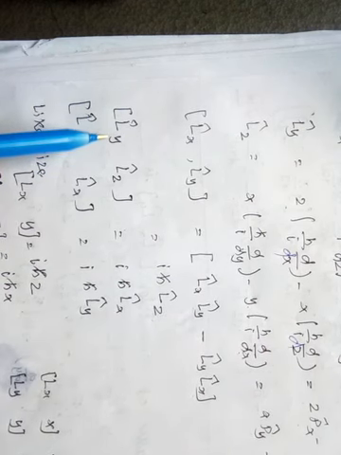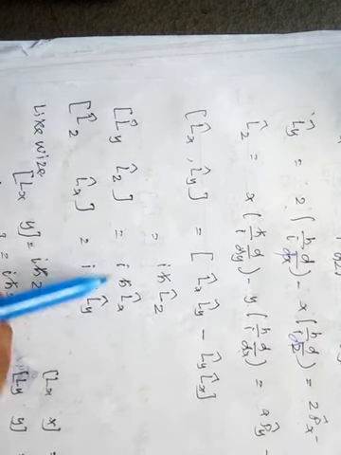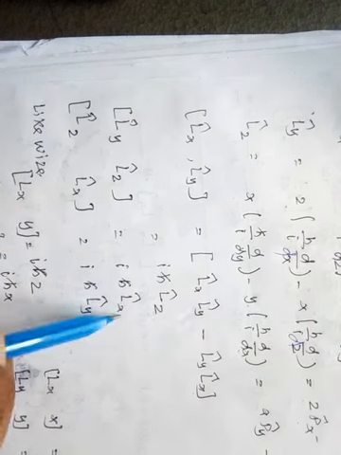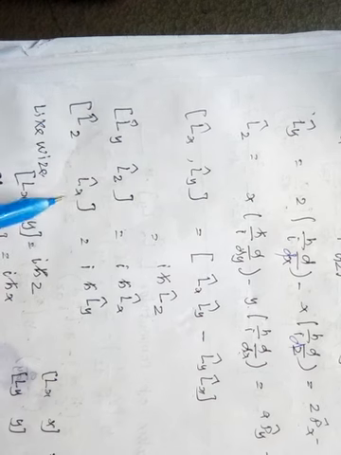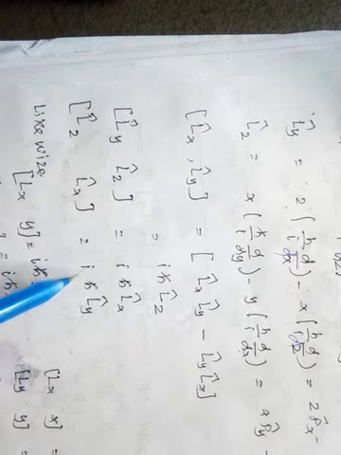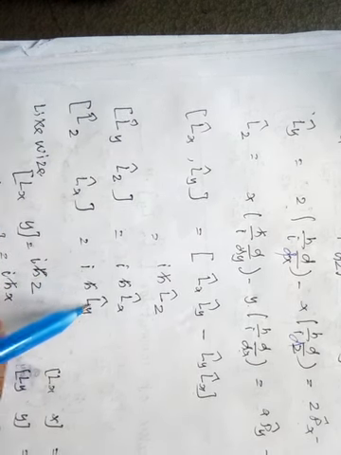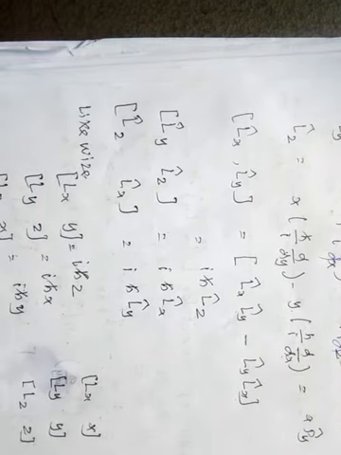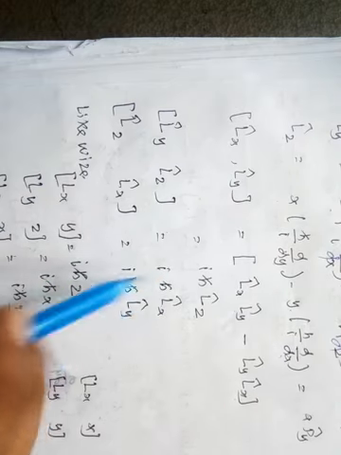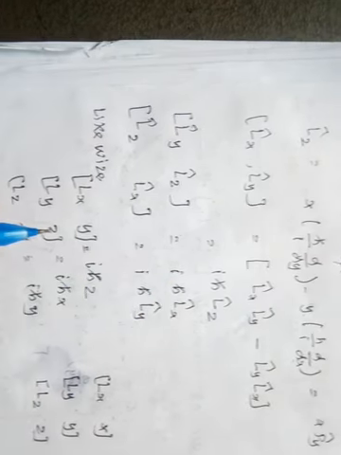Likewise, for Ly and Lz, the value is i h cut Lx. The operator that is not present will come here. So for Lz and Lx, y is not here, so it becomes i h cut Ly. So the commutation of angular momentum operators gives the values of different angular momentum operators.